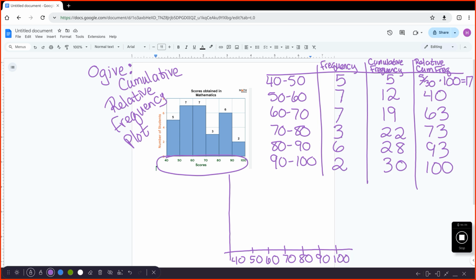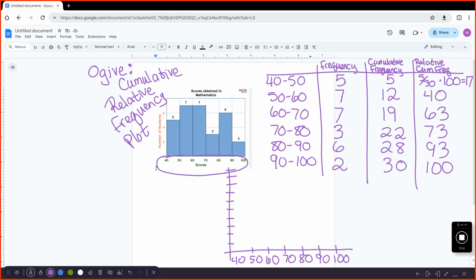So on this ogive, the x-axis also happens to go to 100. That doesn't mean it will always go to 100, right? If we were looking at incomes or something, it wouldn't go from 40 to 100. This just happens to be test scores. Okay, and then I'm going to mark off every 10-ish% here. 10, 20, 30, 40, 50, 60, 70, 80, 90, 100.